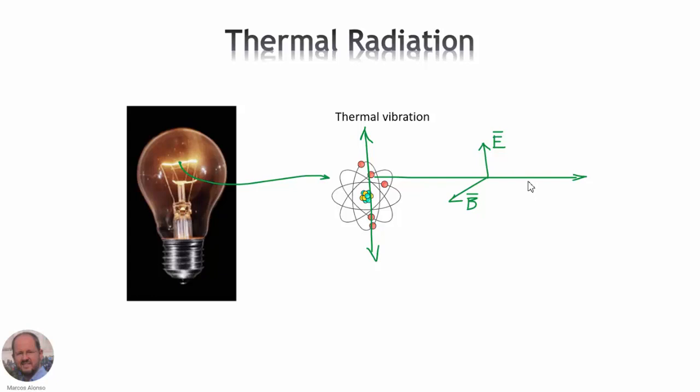At low temperatures, the radiation emitted by materials usually falls into the infrared region of the spectrum, but in the case of metals, we can increase the temperature high enough and get also radiation in the visible part of the spectrum.